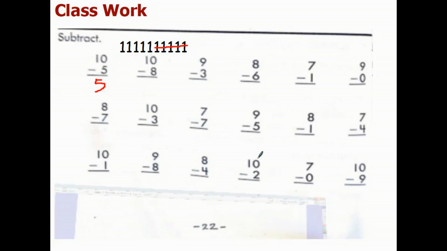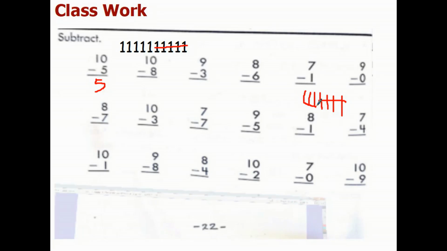Another example, 7 here. Now let's draw 7 strokes. 1, 2, 3, 4, 5, 6, 7. Out of this 7, if I subtract 4, cancel 4, how many remain?